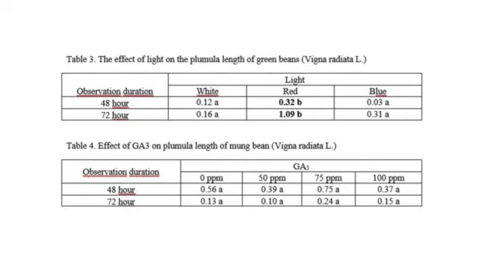Based on the observation of the effect of light and gibberellin on radicle length, after 12 hours there was a significant difference, with the best treatment being the combination of red light and 75 ppm gibberellin compared to other treatments and control.